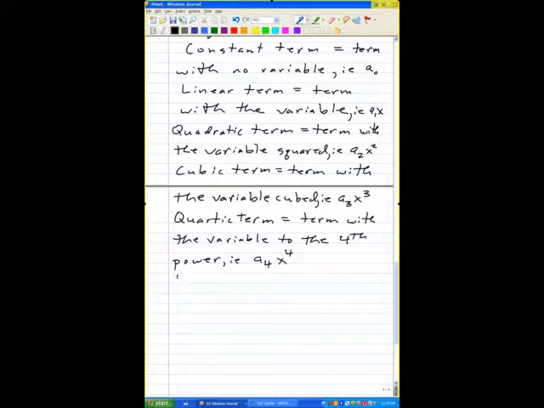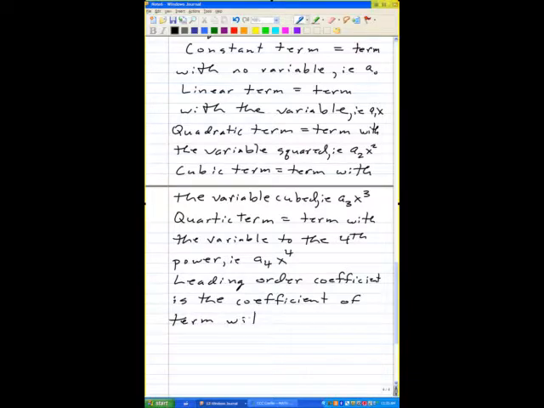The leading order coefficient is the coefficient of the term with the largest degree.